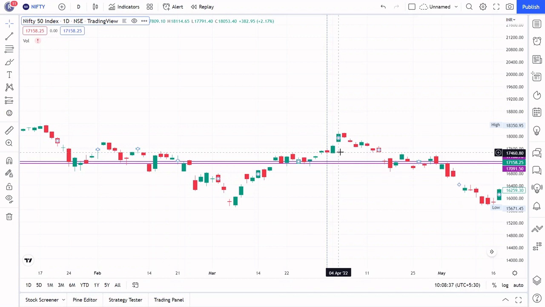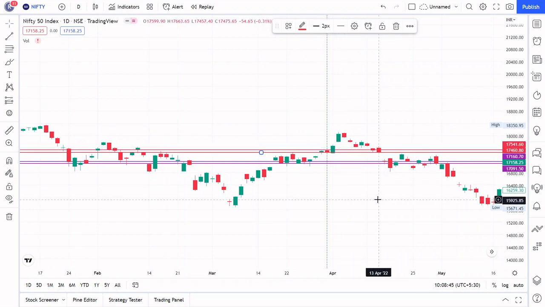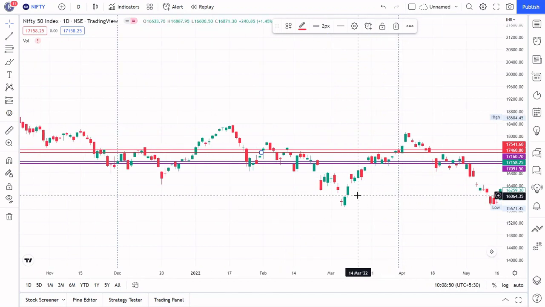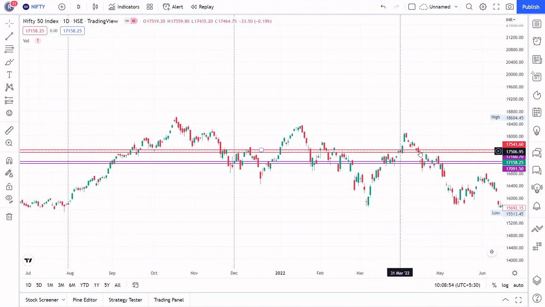Let me plot the levels with the red line. So the range is 17,460 to 17,540. So this is my first resistance on the upside. We cannot plot further resistance using time cycles because Nifty is moving towards its lifetime high.